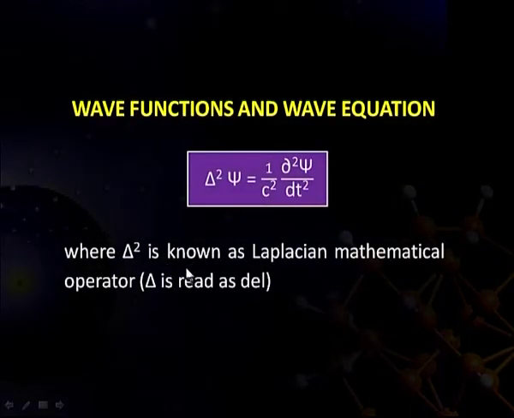Here del square is known as the Laplacian mathematical operator, where del is read as del. Although the significance of psi is not so meaningful and reasonable for electron as for the familiar wave motion, in 1926, Schrödinger derived the following equation known as Schrödinger wave equation to describe the motion of the subatomic particle.